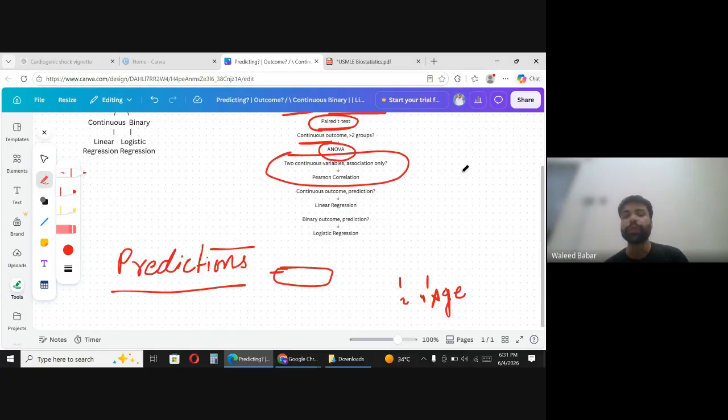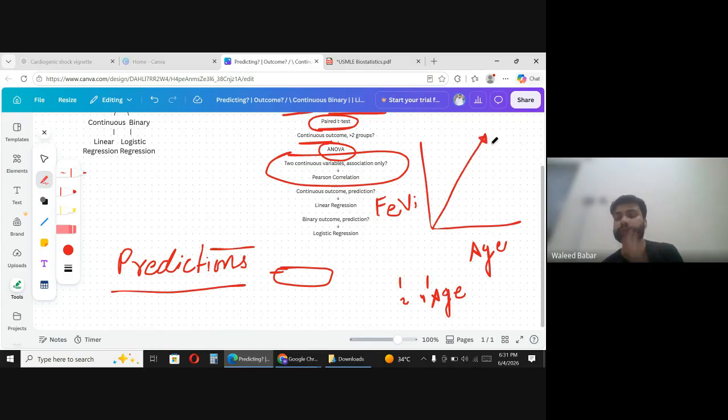It is used when you assess the association between two continuous variables, for example age and FEV1. This test gives you a linear relationship between these two. It can be positive if they are associated with each other. If they are not associated, it will give you a scattered relationship in which you cannot draw a linear line.